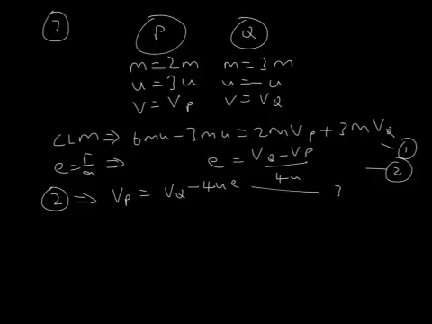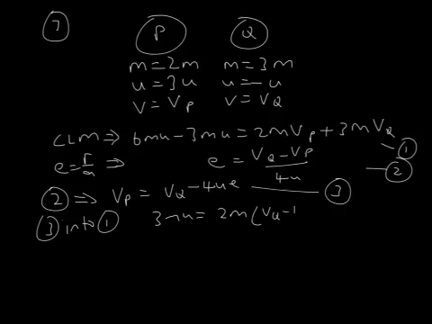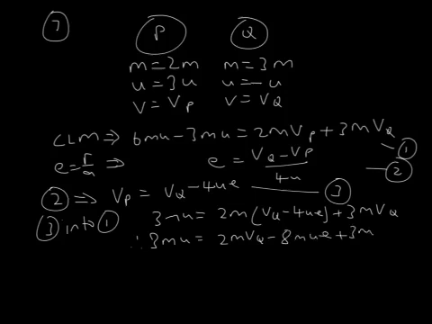And let's substitute equation 3 into 1, and we get 3mu equals 2m, but instead of vp we can write vq minus 4ue, plus 3mvq. So let's get rid of those brackets. 2mvq minus 8mue plus 3mvq. So we've got 2mvq plus 3mvq, I reckon that's 5mvq.